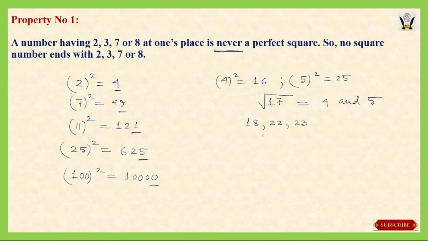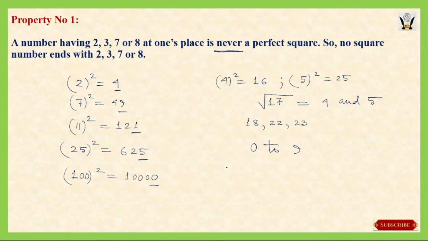But other than these 4 digits between 0 to 9, we have 6 more digits. So a number which is a perfect square will have any one of those 6 digits at units place. But that does not always signify that if we have one of these 6 digits, then that number will always be a square.